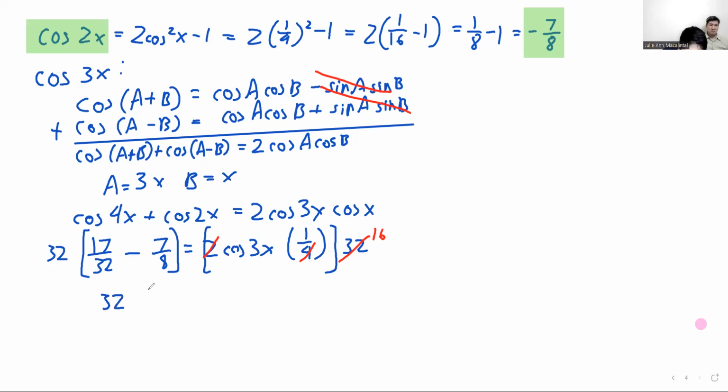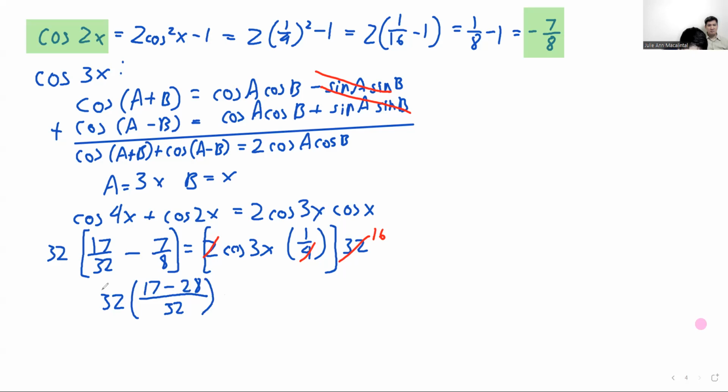32 times 17 over 32 is 17, and 7 times 4 is 28.